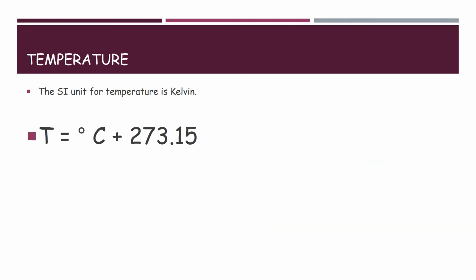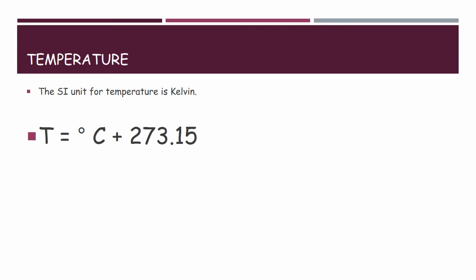In chemistry, we will be using temperature, and remember, temperature is a measure of average kinetic energy. Now, when we measure the average kinetic energy in everyday life, we tend to use the Celsius temperature scale, which is based on the boiling and freezing points of water at normal atmospheric pressure. Other temperature scales that you may be familiar with are the Fahrenheit scale.